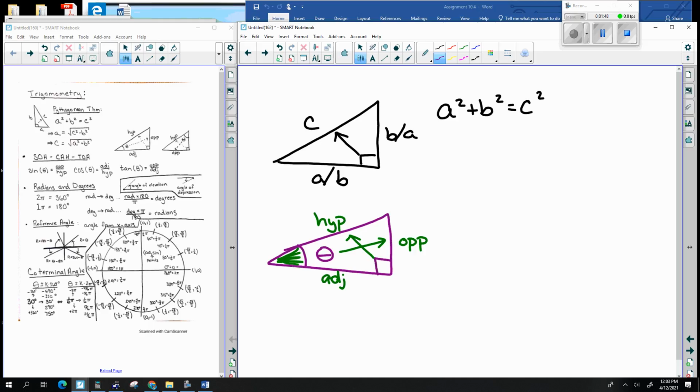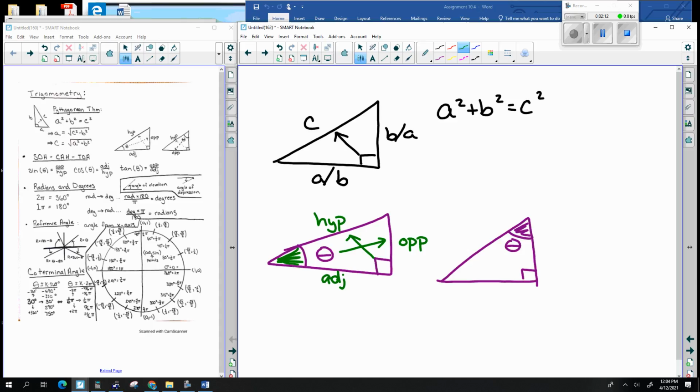Now again, this goes without saying, make sure you are looking at the proper angle. For instance, if I draw somewhat of an identical triangle to this, but let's say that I was talking about this top angle right here, that's my theta on top there. So the opposite isn't always the right side, it's nothing like that.